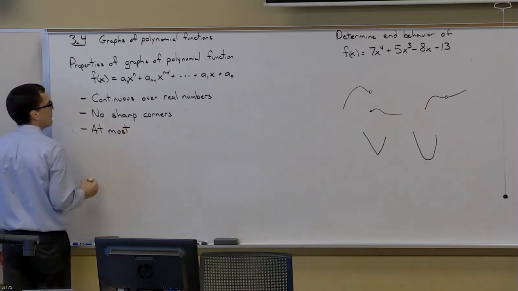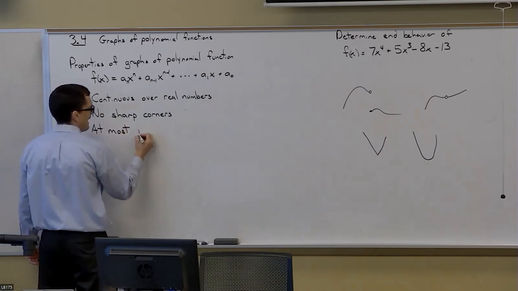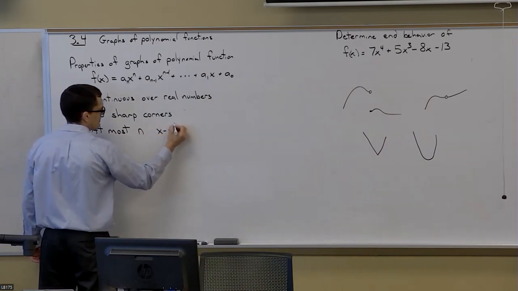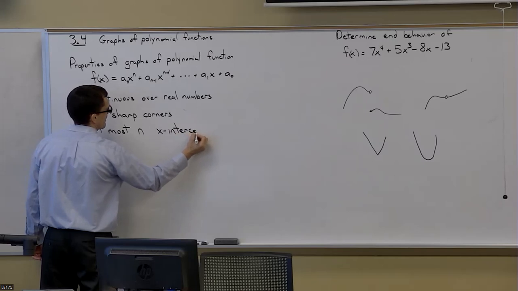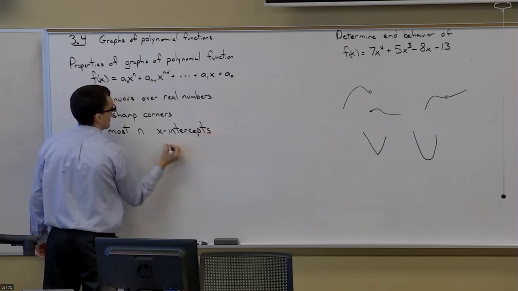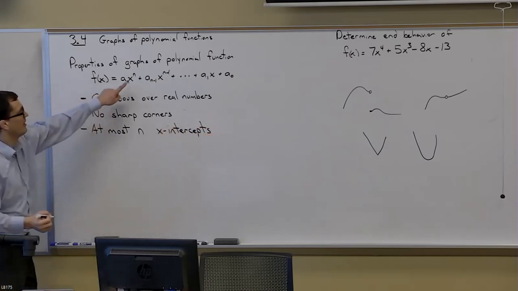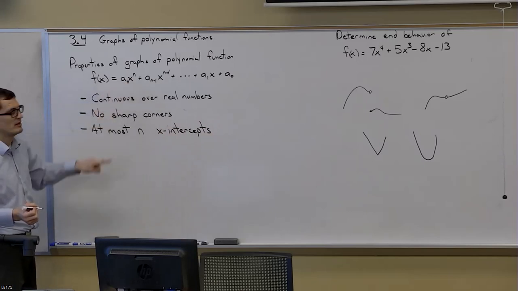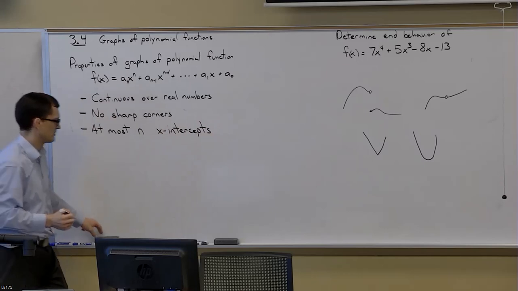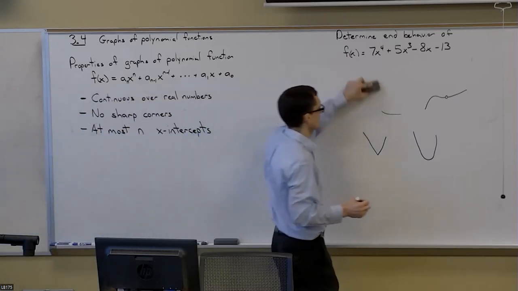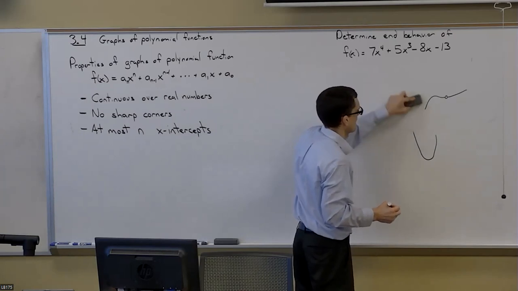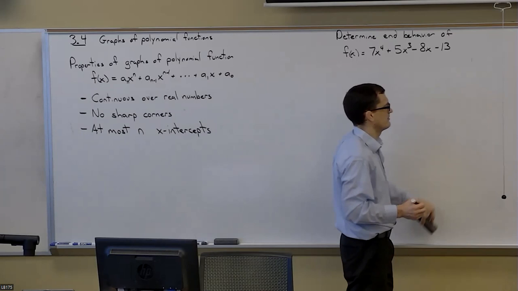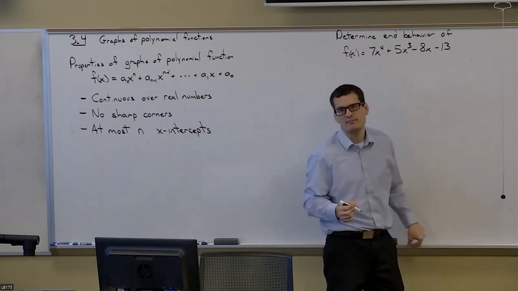Here's one: at most n x-intercepts. When I say n, we're talking about the degree of the polynomial. So the degree of the polynomial determines how many x-intercepts at maximum I can have.